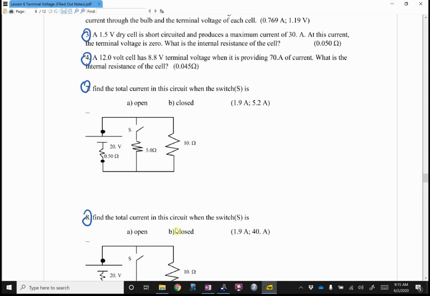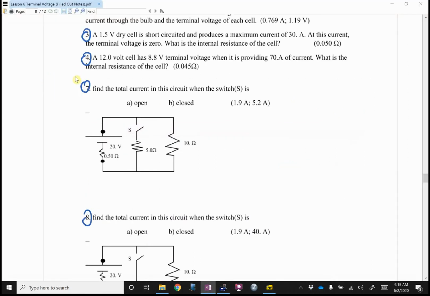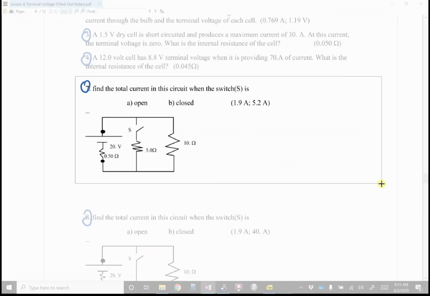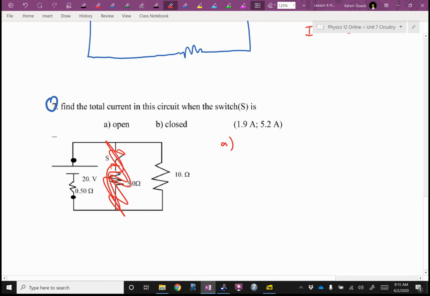Number 7, hey, here's a picture I can draw on this or copy it or whatever. Find the total current in this circuit when switch A is open and B closed. So when it's open, that means that this isn't even part of the circuit at all.